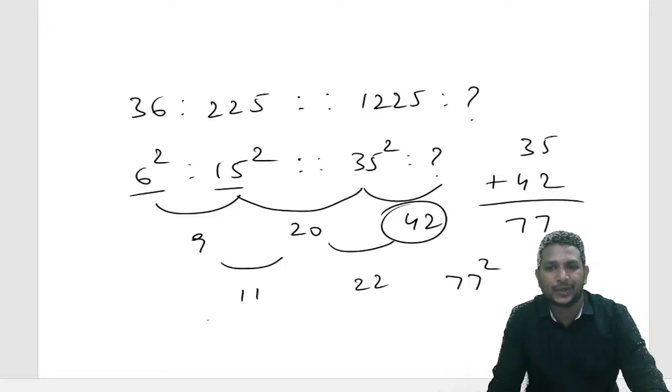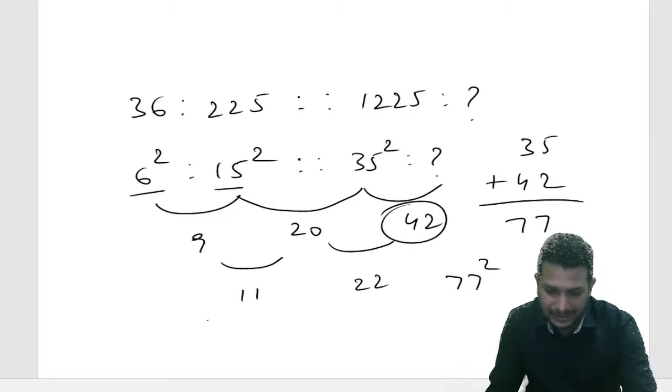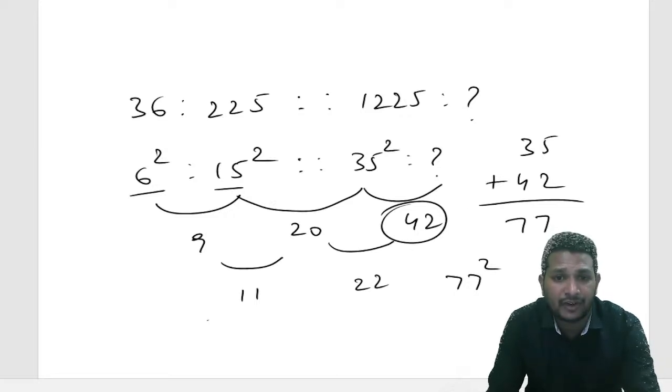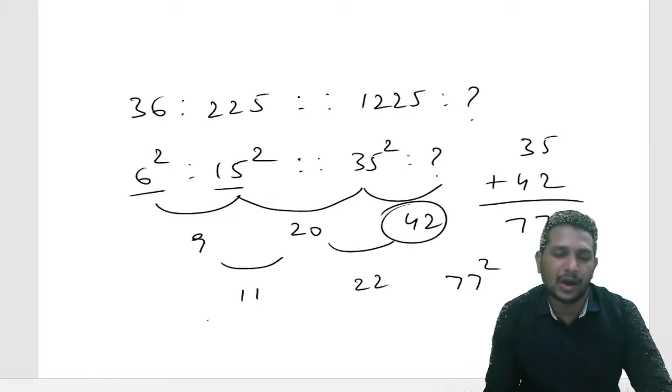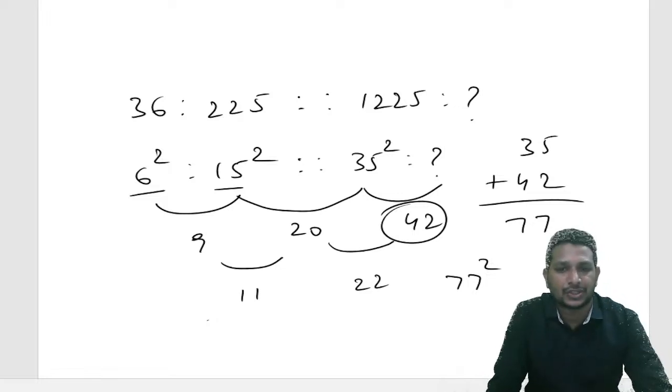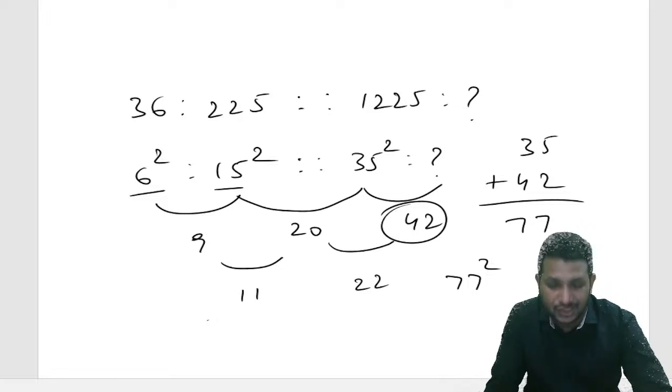I need to calculate 77 square, and we get the answer as 5929. The logic is slightly difficult. So the answer for this question is 5929, which is option 3.